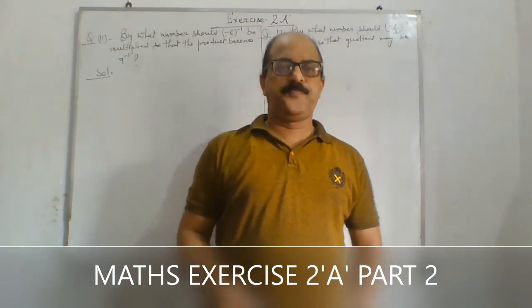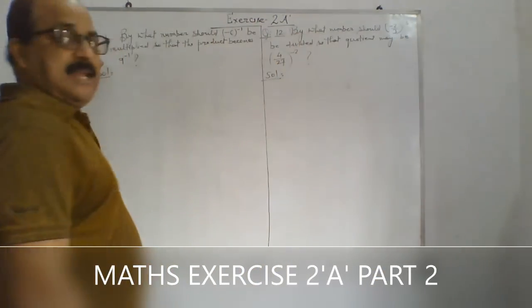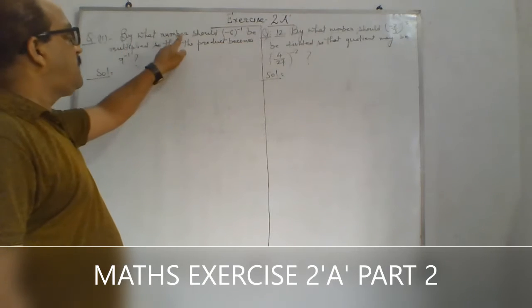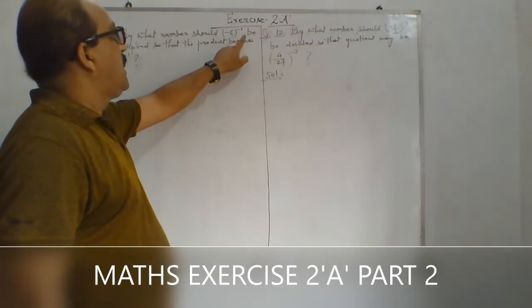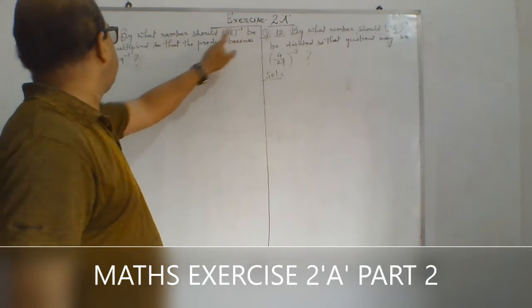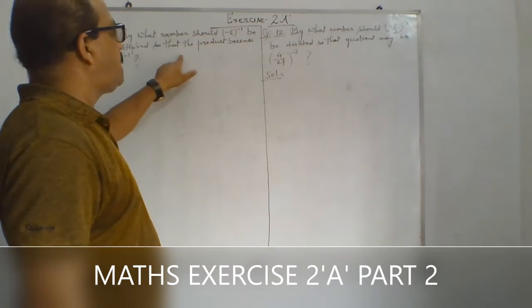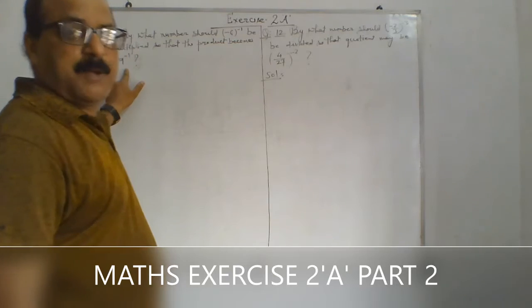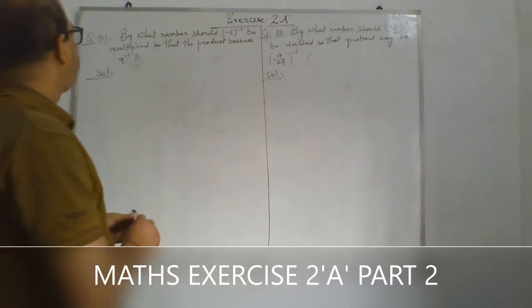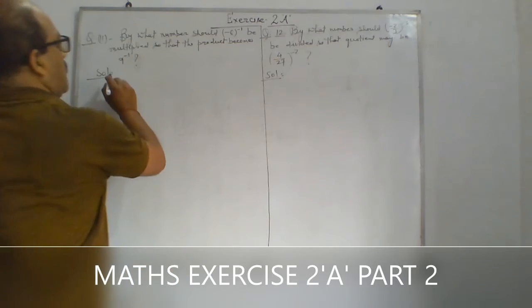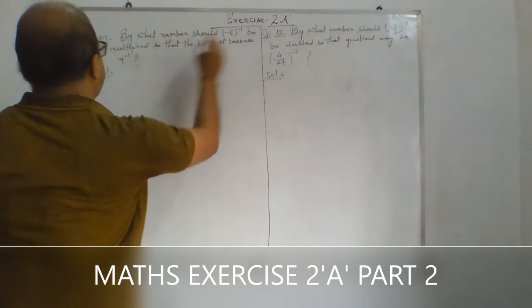See here, question number 11. By what number should (-6)^-1 be multiplied so that the product becomes 9^-1? The question is written here. By what number should it be multiplied?